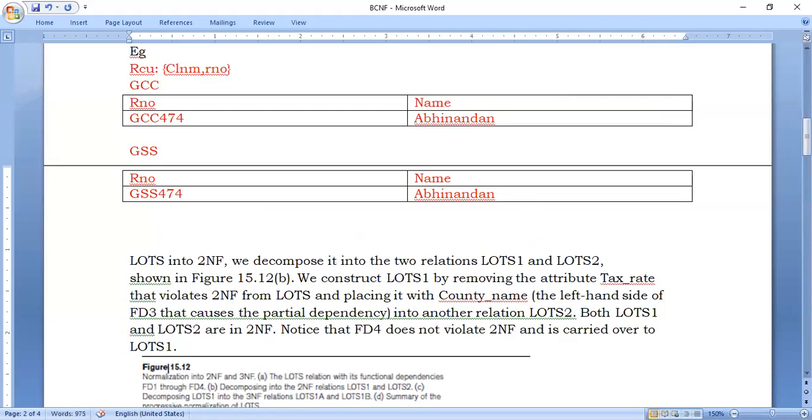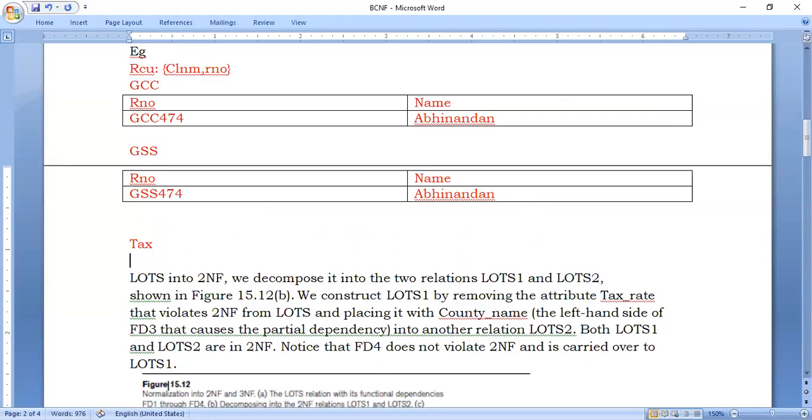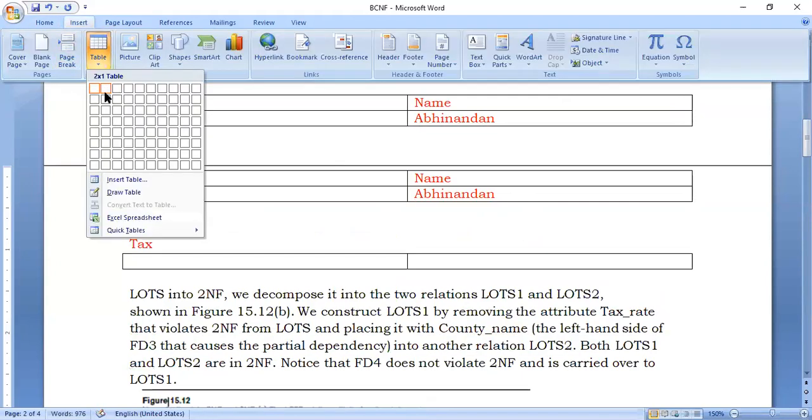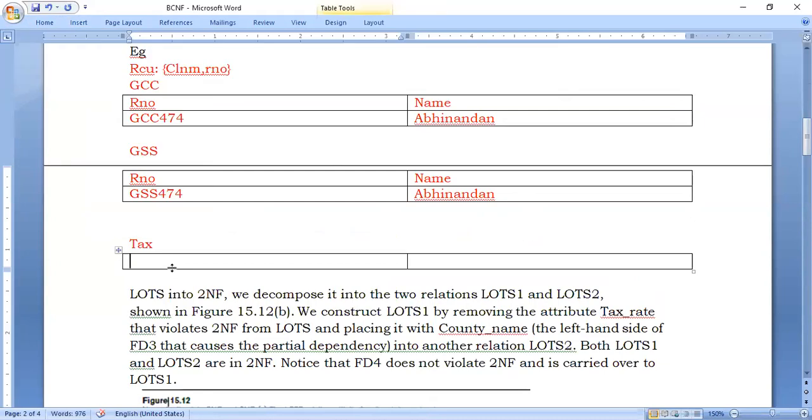So I'll just say tax. Here I have a table. Suppose here I have country name and here I have tax rate.